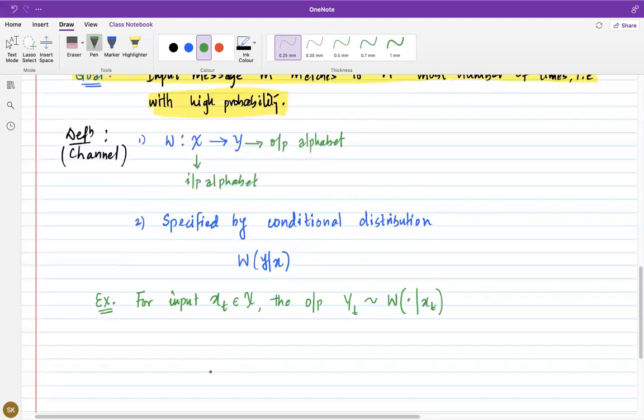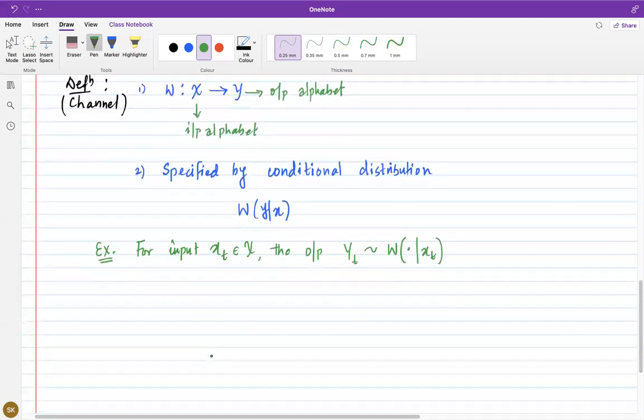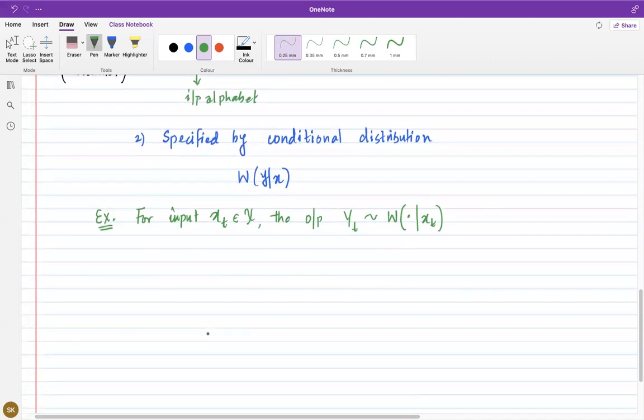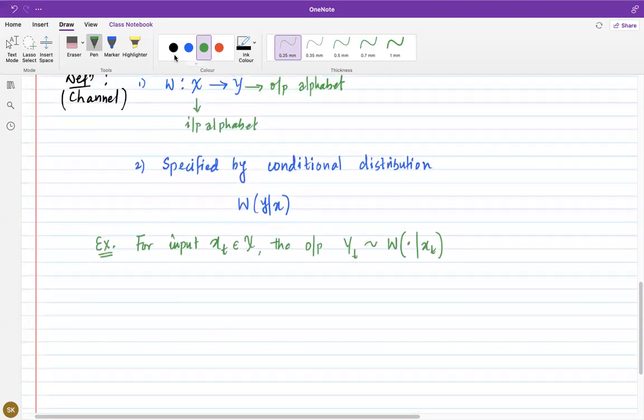Now, with this channel, we have a particular assumption, and this assumption will remain throughout this lecture. This assumption is about the memorylessness.